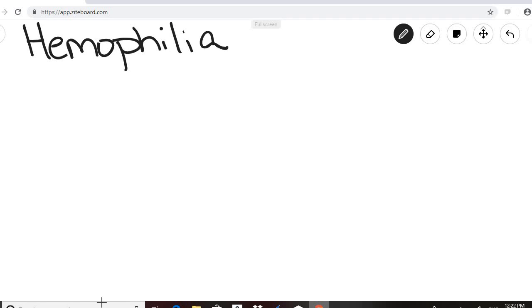One sex-linked trait that maybe you have heard of is called hemophilia. Hemophilia is a genetic disease in which blood does not clot properly.